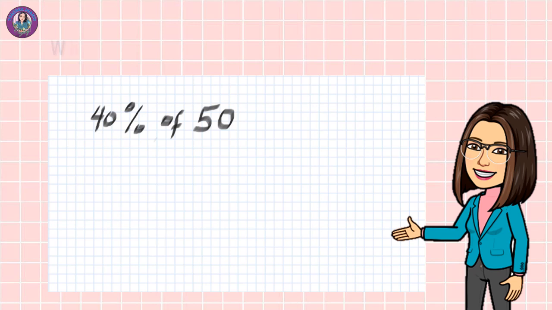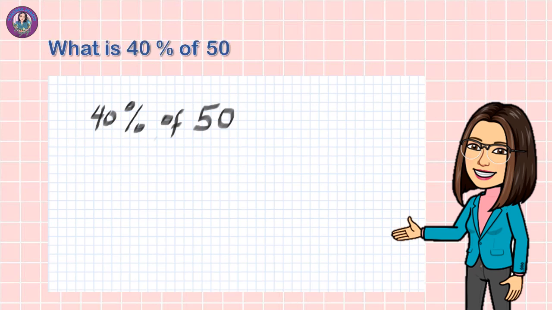Let's have this example. What is 40% of 50? 40% is the rate and 50 is the base. If n is the percentage part, then the related proportion is n over 50 is equal to 40 out of 100.